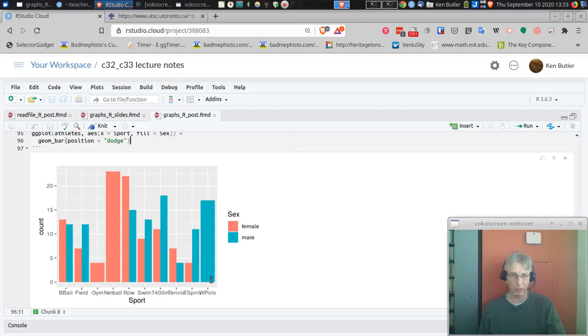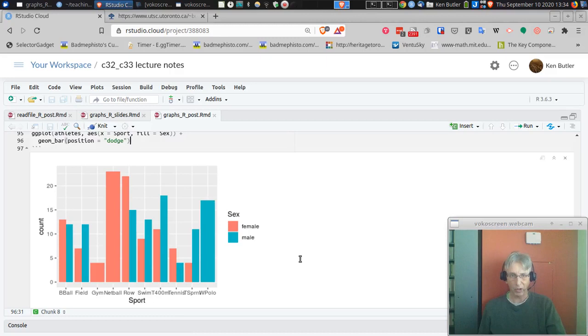And netball are all female too. Some sports are all one sex, all male or all female, and some of them are mostly one sex, and some of them are all mixed up, like rowing, for example, which has both males and females represented.